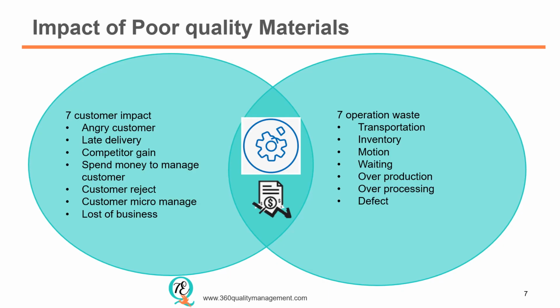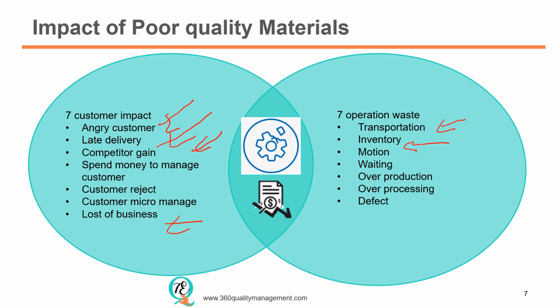The impact of poor quality materials will cause angry customers and late deliveries. Competitors will gain from these poor quality materials. Your loss is your competitors' gain. And then you spend money to manage angry customers. Customers will start to micromanage you, and there is loss of business. This will also impact operational waste, such as transportation of poor quality material.